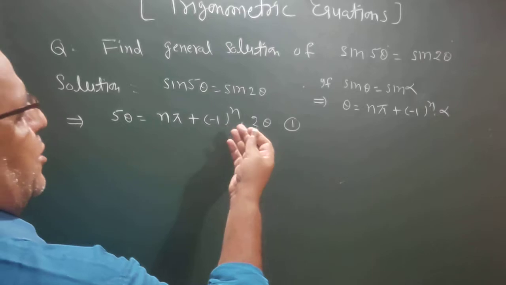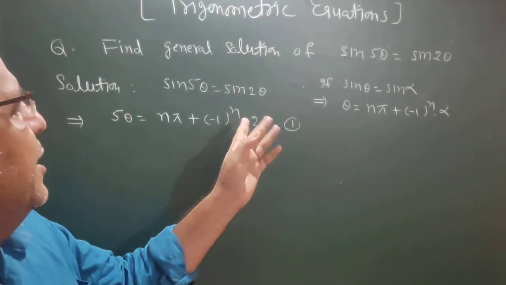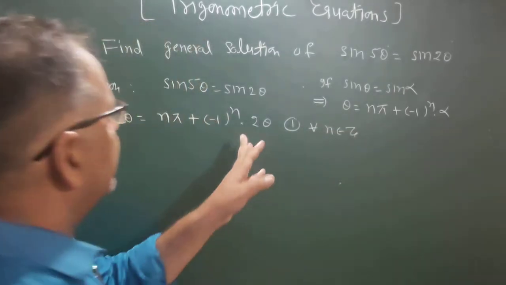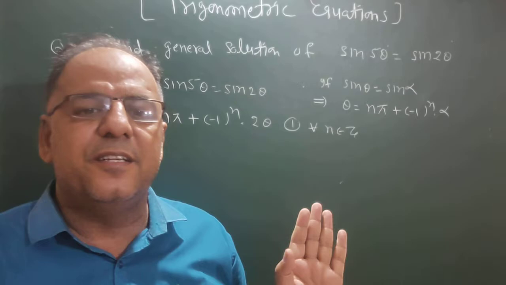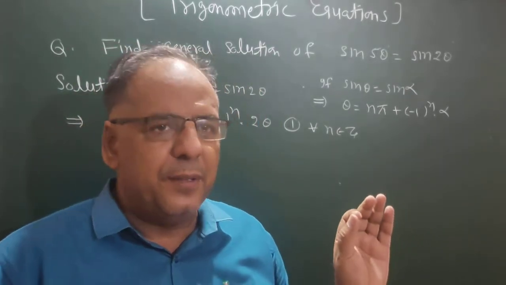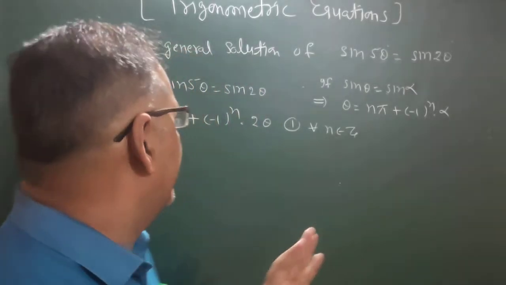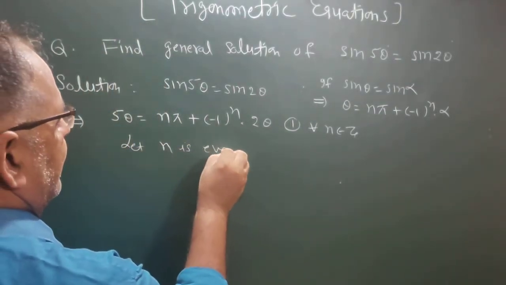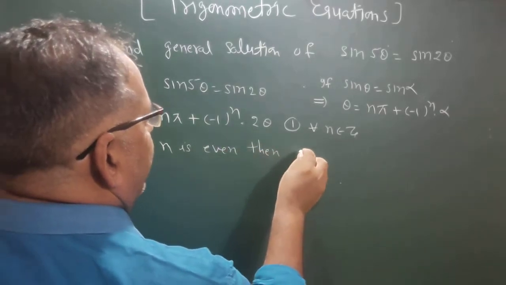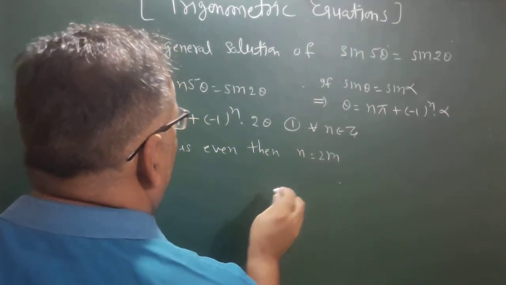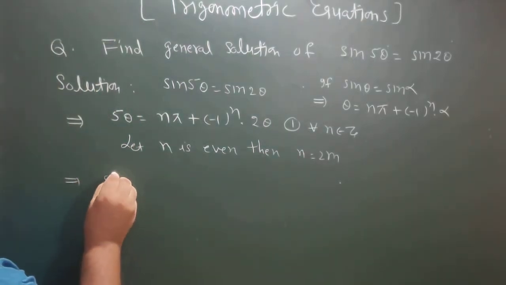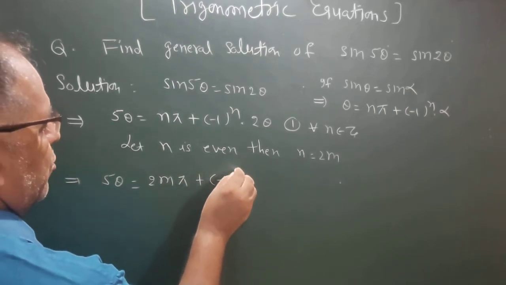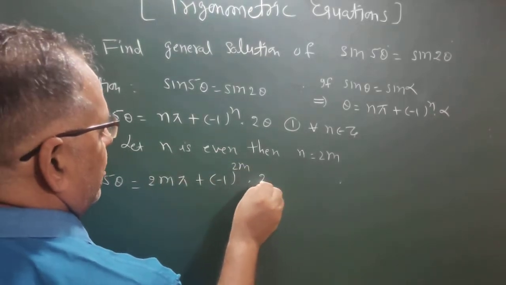So here there is no chance of taking a positive or negative sign, but the solution is given for every n belongs to Z. That means n is an integer, and an integer may be positive, may be even, or may be odd. Okay, so let n be even, then every even number can be written in the form of 2m. So now the solution becomes 5 theta equal to 2m pi plus minus 1 to the power 2m into 2 theta.